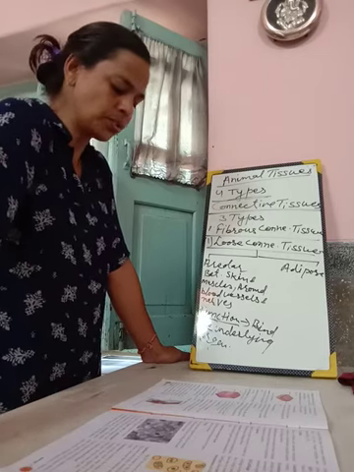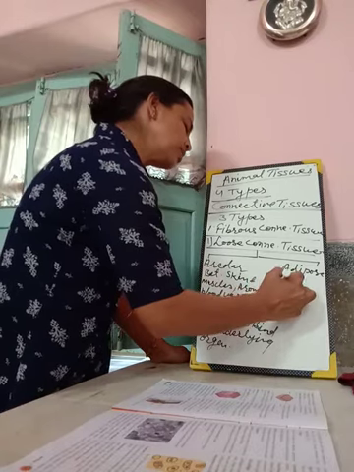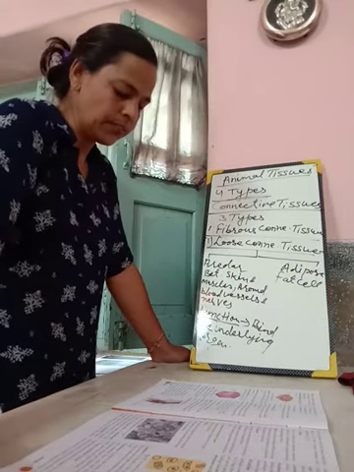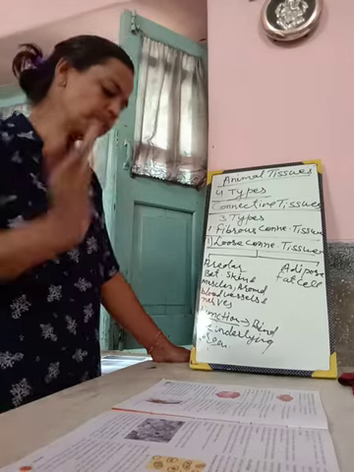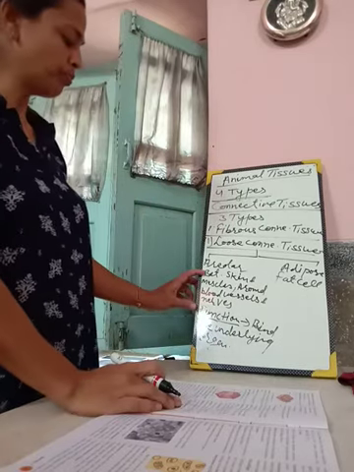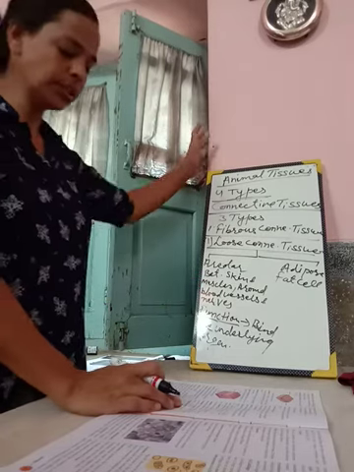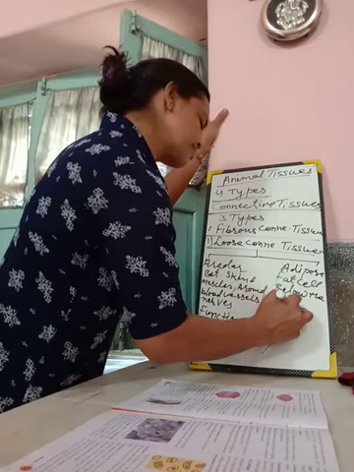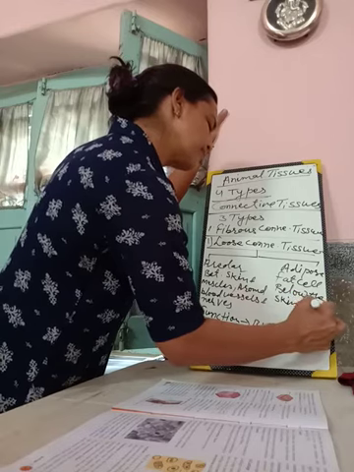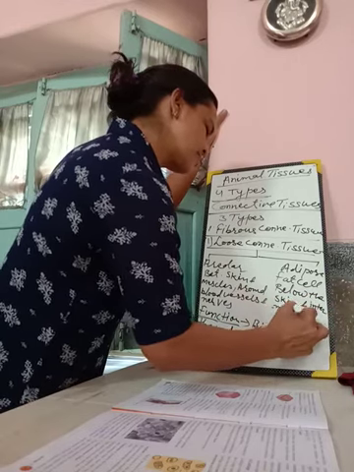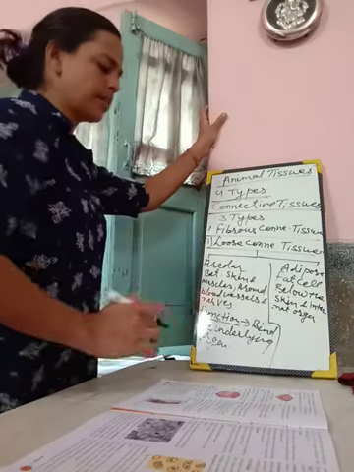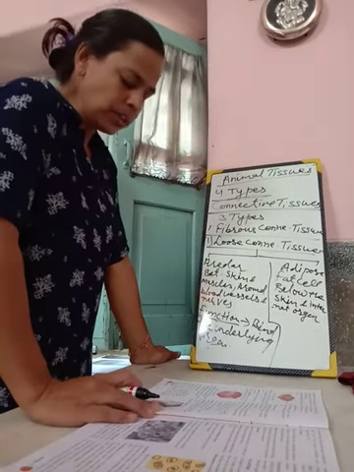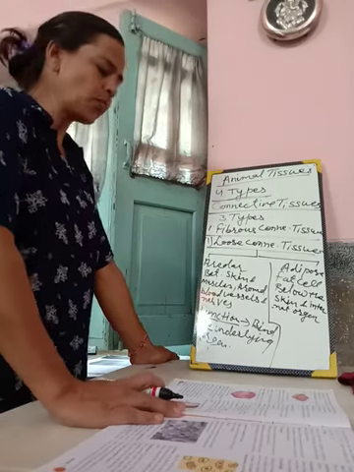Next is adipose tissue. It is made up of fat cells. Adipose means made up of fat cells. It is found below the skin and between the internal organs. The function of this tissue is that it stores energy in the form of fat.